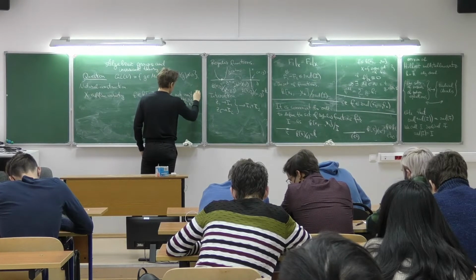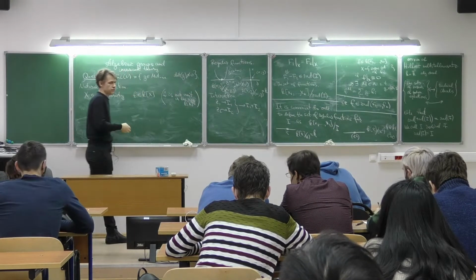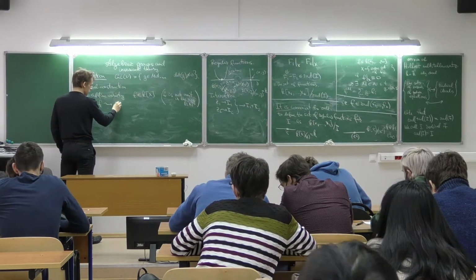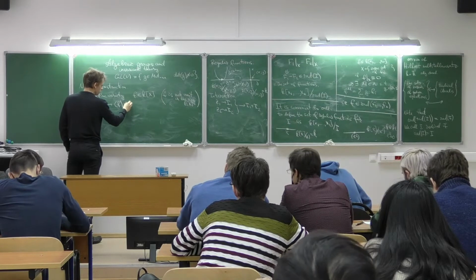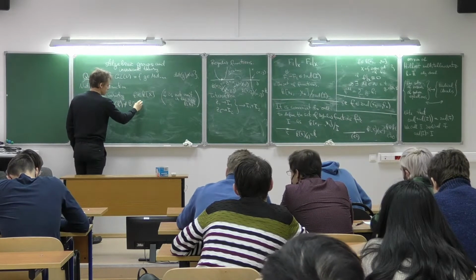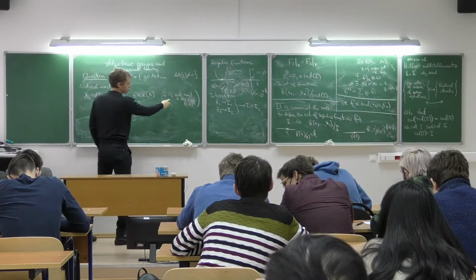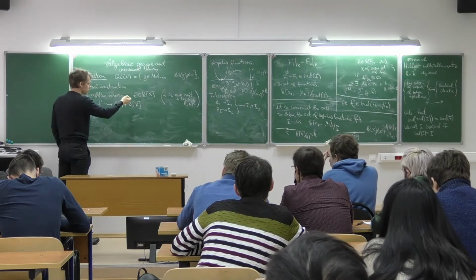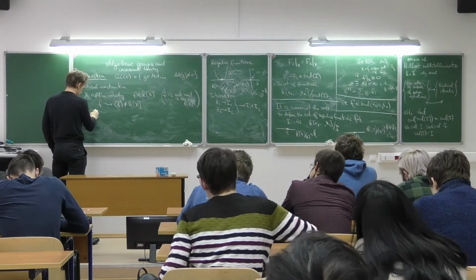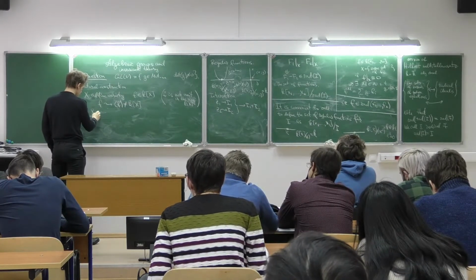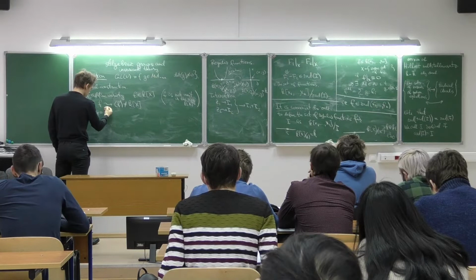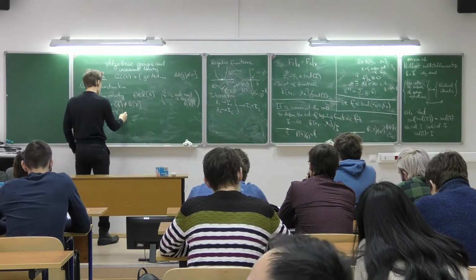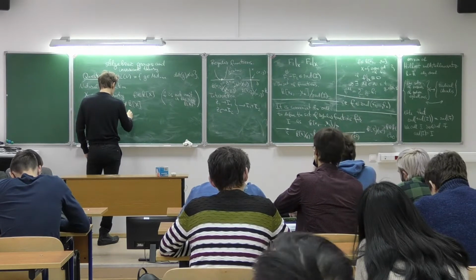This means that f generates a non-trivial ideal, so this ideal is not the whole ring, because the ideal is the whole ring if and only if f is a unit. And you can consider the zero set of f, which are the points on x such that f of x vanishes.